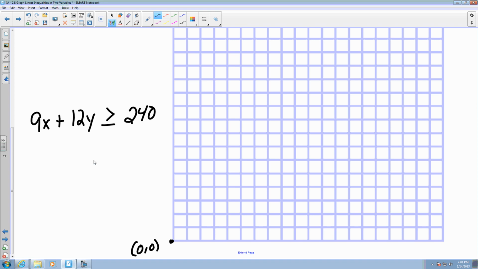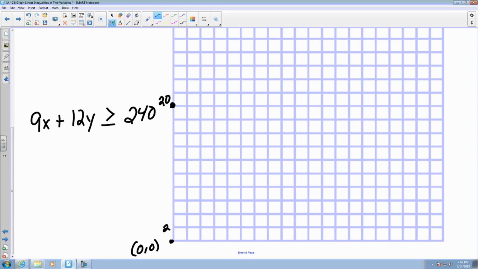So if I say these are by twos, 2, 4, 6, 8, 10, 12, 14, 16, 18, 20, this is 20 right here. So if I work 20 hours a week, I could earn the $240 just from job Y.